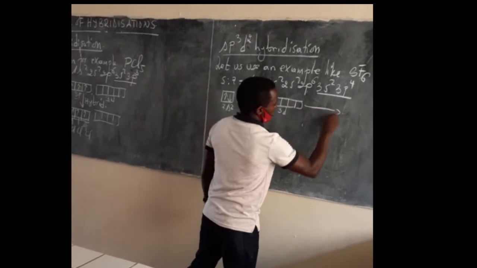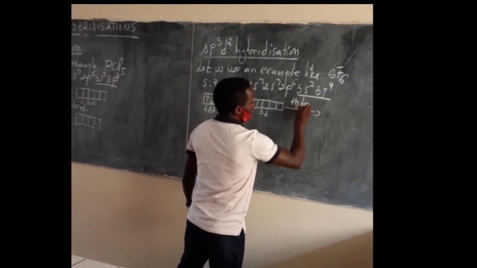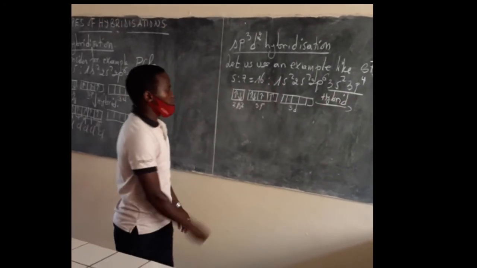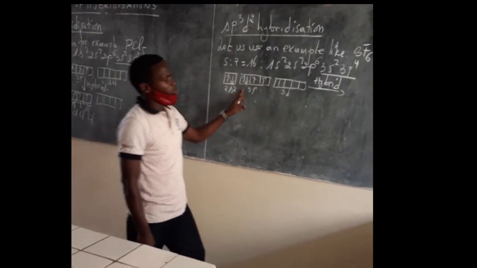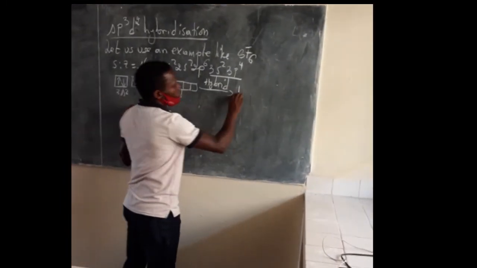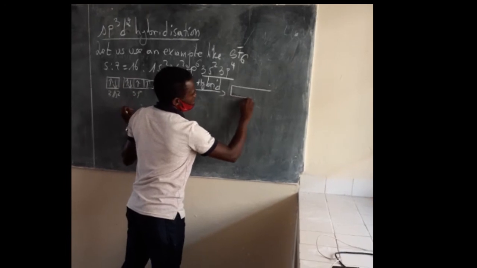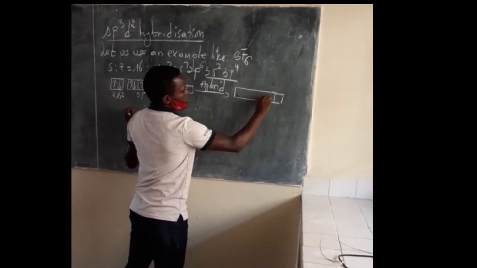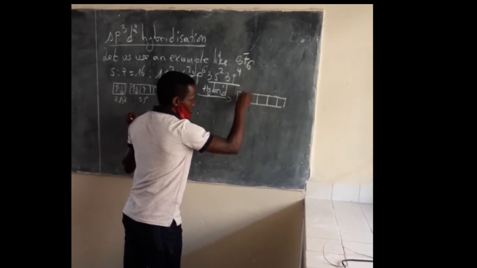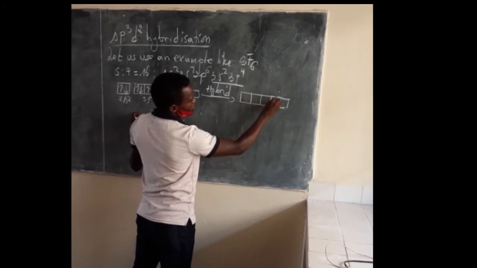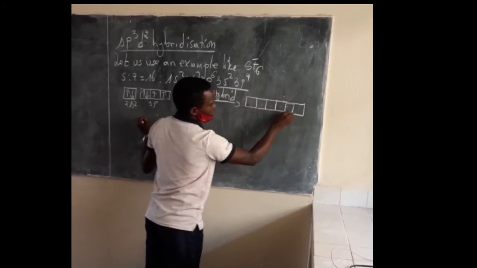By carrying out this hybridization of sulfur, there will be a creation of hybrid orbitals. Those hybrid orbitals are about 6: 1, 2, 3, 4, 5, and here there is 6.